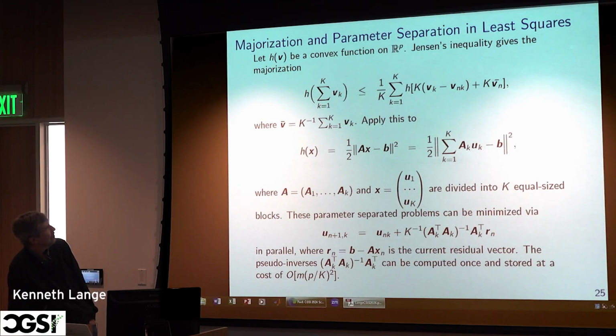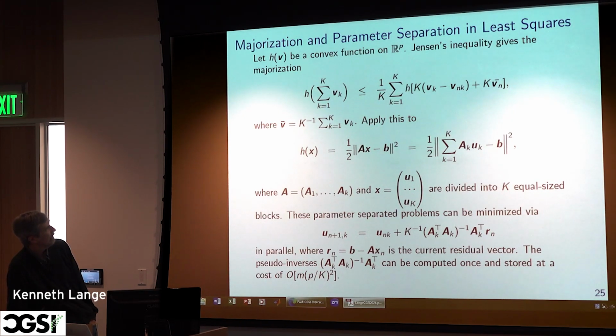So we'll use Jensen's inequality. That's the inequality on the top line. Now what I've done there is the v_k are just vector points in some higher dimensional space, and I've added and subtracted off the sample average of those points. That's the v bar.